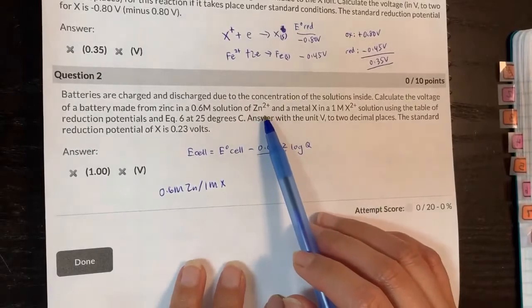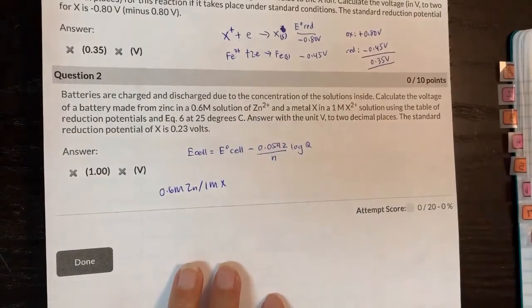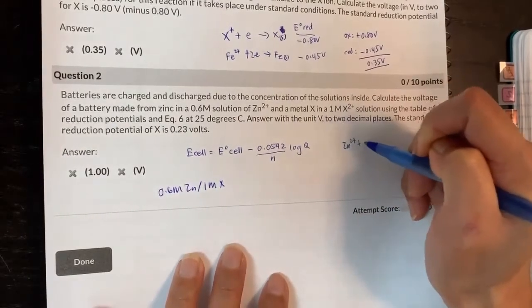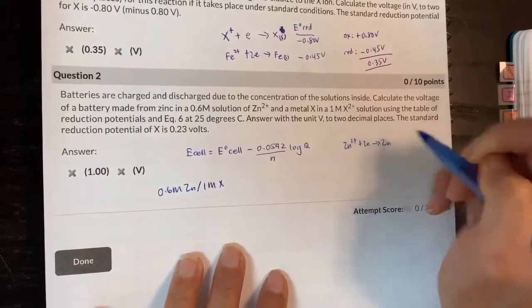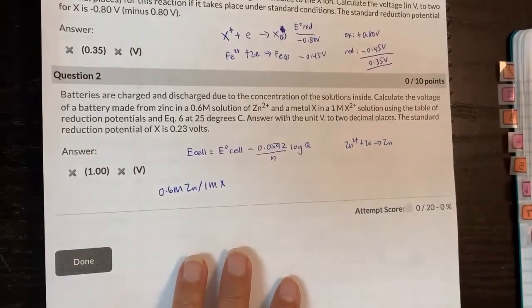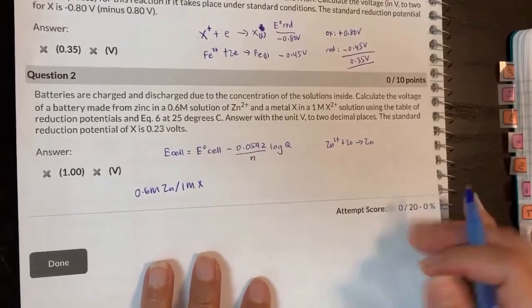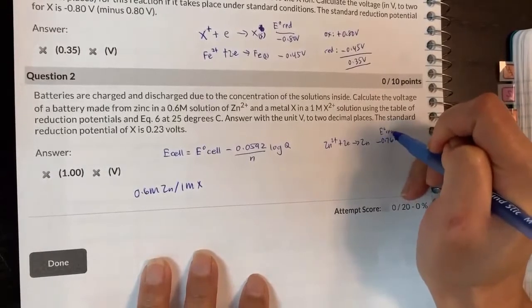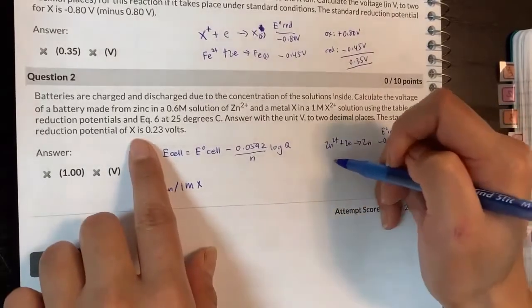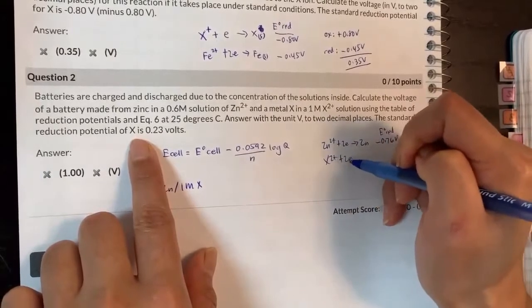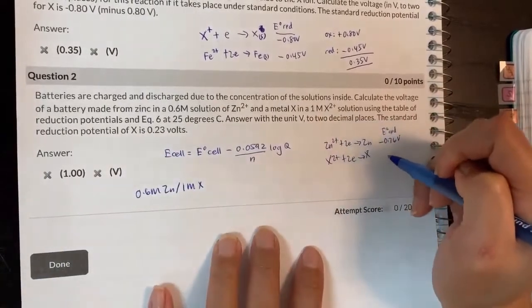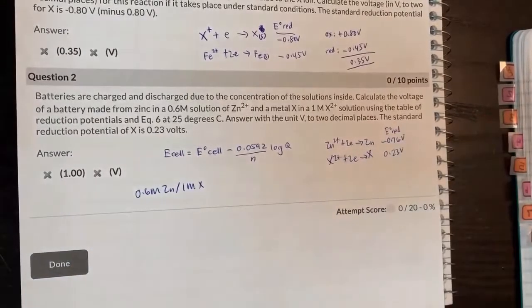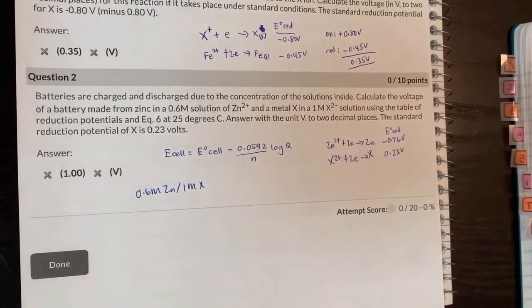So when you take a look at the zinc here, zinc and zinc 2 plus, so zinc's value, zinc 2 plus 2 electron going to zinc solid. The value from the chart here we have is negative 0.76. So this is E of reduction, okay? And they're saying the reduction of X here, X2 plus 2E going to X, from this question is 0.23 volts, okay? So in this case here, one's a negative, one's a positive.